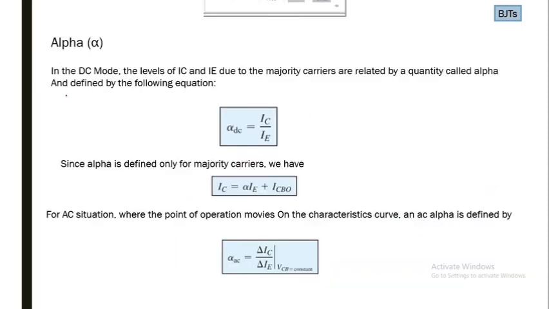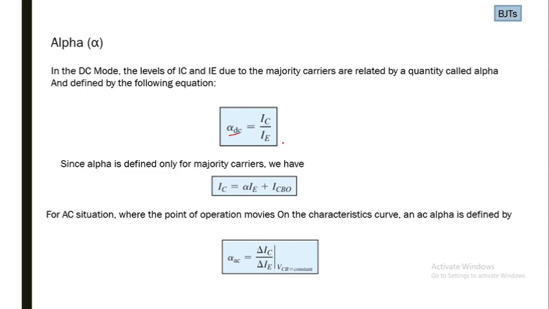Now it's time to define alpha, which is known as the amplification factor. In DC mode, the levels of IC and IE due to majority carriers are related by a quantity called alpha, which is defined with this equation: alpha DC is equal to IC over IE.